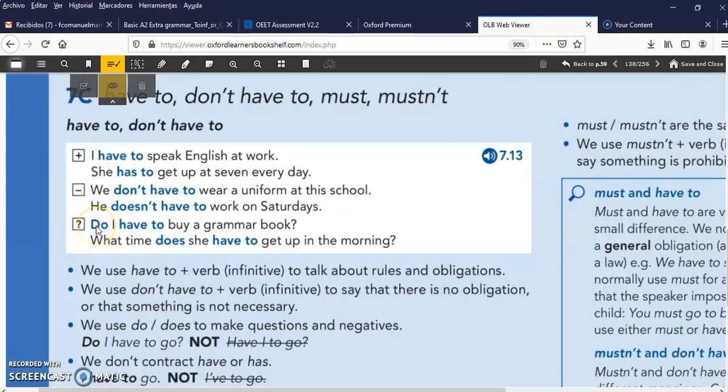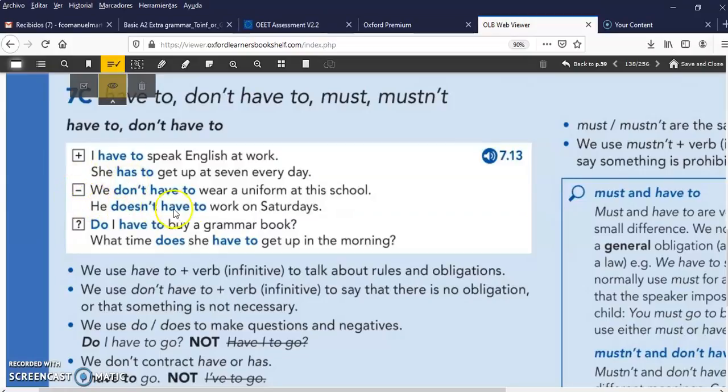Entonces se utiliza el do como auxiliar, ¿vale? Y en las negativas lo mismo. We don't have to. Do I have to? Fijaos específicamente, y esto es muy importante, que es have to. No es have, have es otro verbo. Son como dos verbos diferentes. Have es un verbo, have to es otro verbo. ¿Vale?